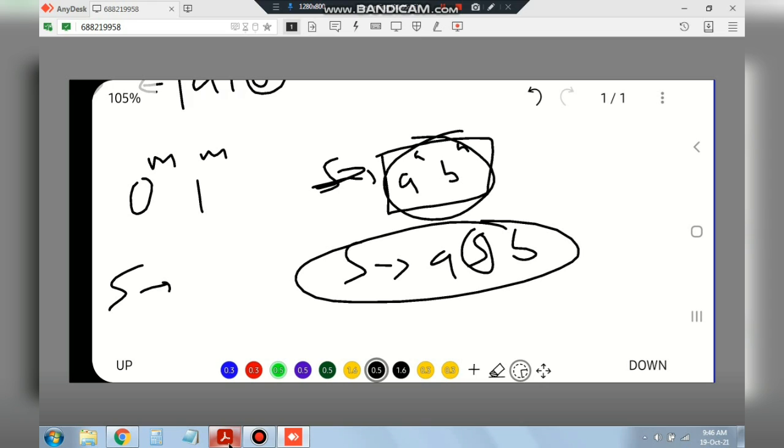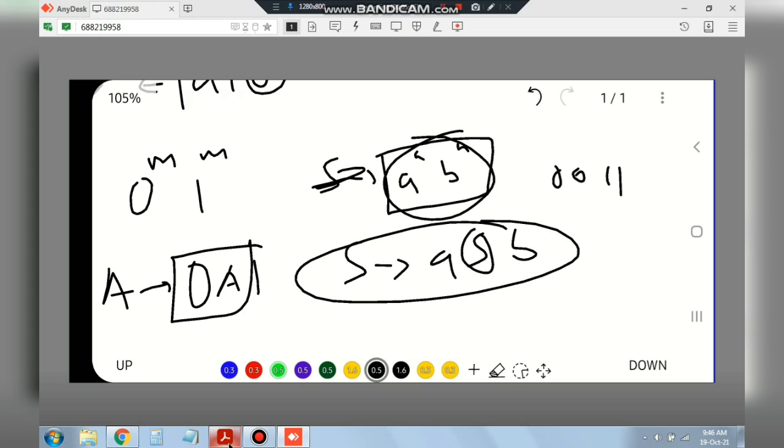S goes to, instead of A we have 0, and instead of B we have 1, so we'll write here A goes to 0A1. If I have to generate 0011, first I'll write 0A1, and instead of A I'll write 0A1 again, and instead of A I'll substitute 0, so we'll have 0 0 1 1.